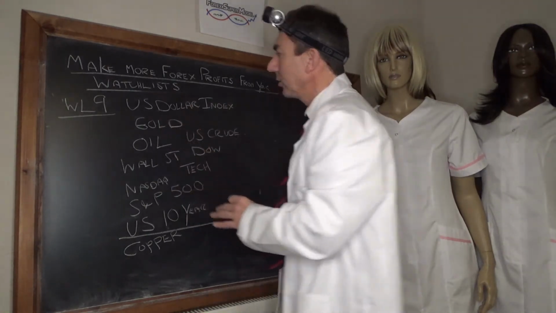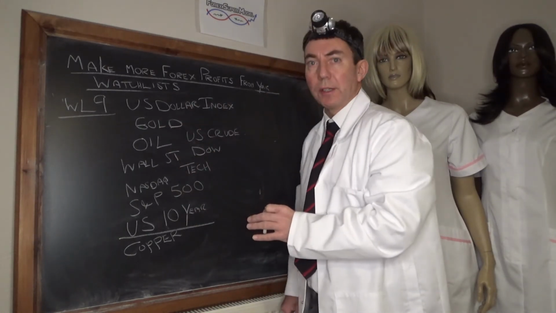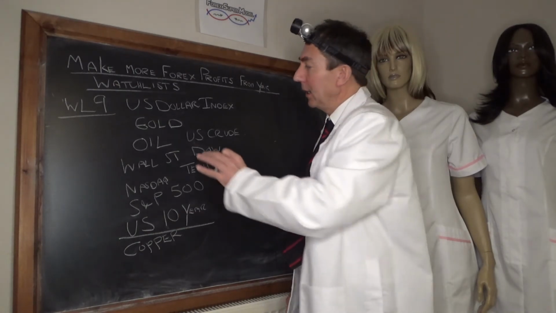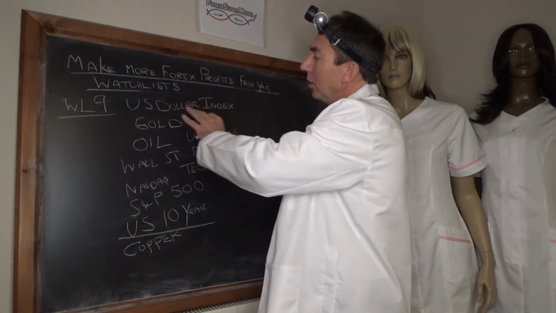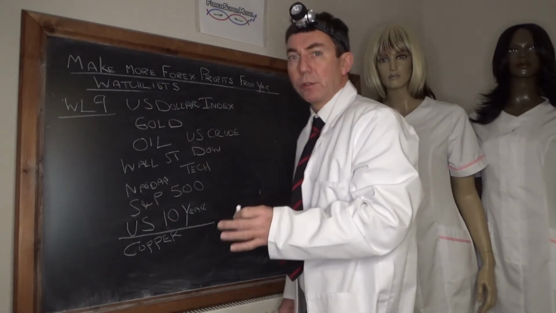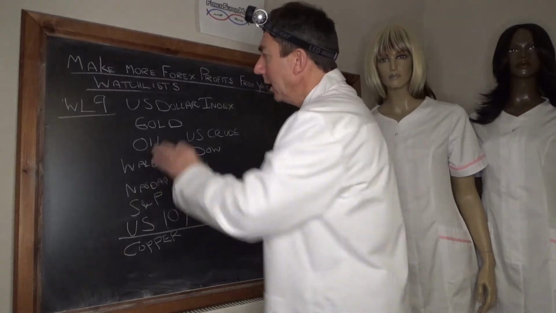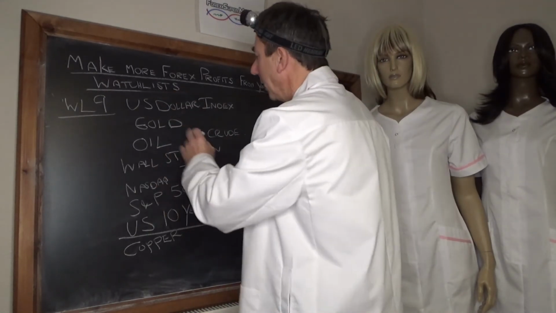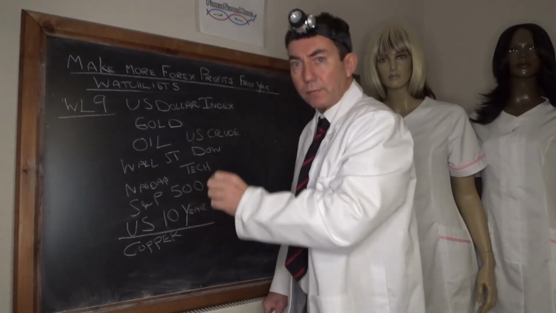And then have a look at your watch list 9 to get the overall macroeconomic view. The dollar index obviously is a measure which is skewed because of its weightings, but it can give you a quick snapshot of what's happening. But remember, half of the dollar index is the euro, really. And then oil and gold, quite often.